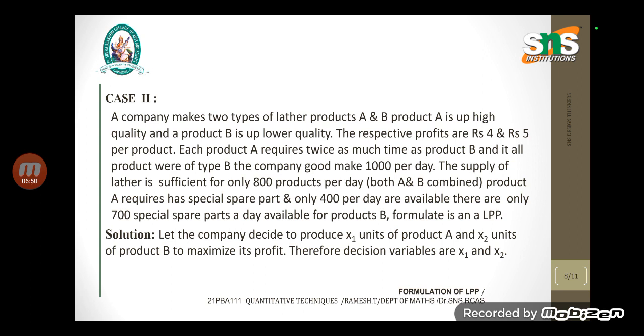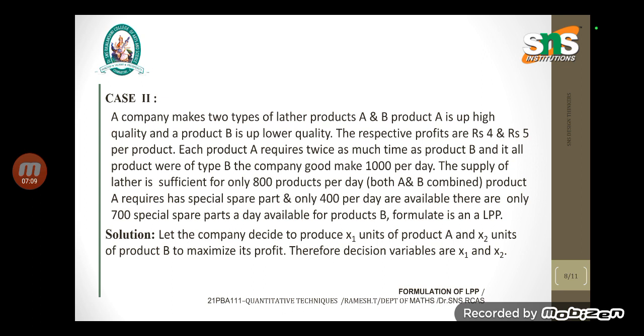A supply of leather is sufficient for only 800 products per day, A and B combined. Product A requires special spare parts and only 400 per day are available. There are only 700 special spare parts a day available for product B. Formulate this as an LPP.